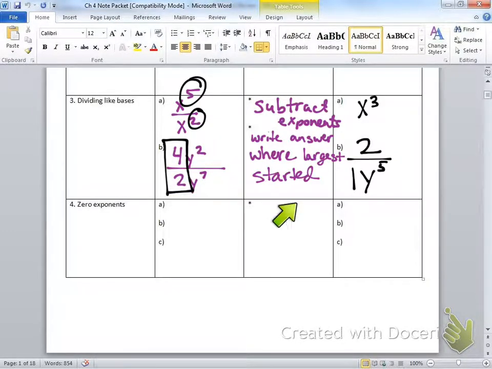So my leftovers are going to go where the 7 started, which was the bottom. So technically in the back, we have 1 over y to the 5th. But we don't need the 1's right now because we have an actual number in the numerator and we have a variable and an exponent in the denominator. So you don't need those placeholders. You can just put the 2 in the top and the y to the 5th in your denominator. Questions?